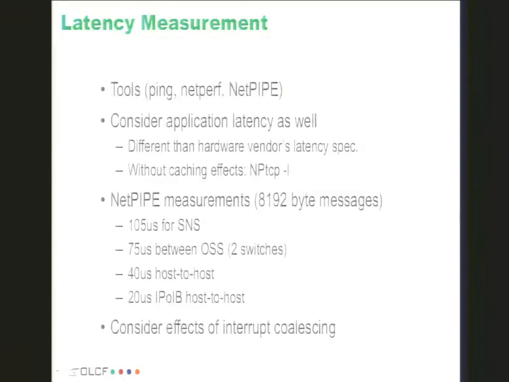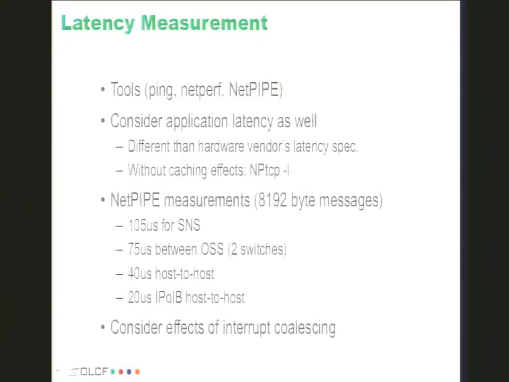We were interested in latency measurement. Was there a non-trivial latency increase from having a distance of 1 or 2 miles between them? You can use ping to do this. You can use netperf. I chose to use netpipe so I could understand a little more of what's going on, and it also gave me tests at different message sizes. We're not actually testing the latency at the network layer.